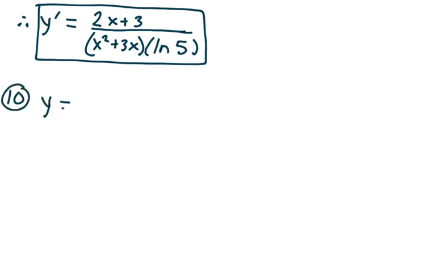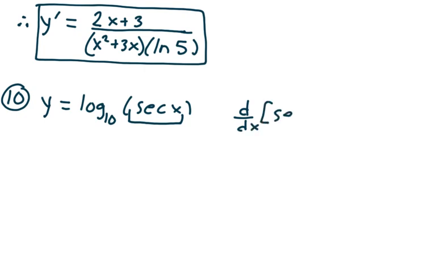Suppose y equals log base 10 of secant x. Okay. Notice how the inside function is secant x. And then don't forget the derivative of secant x with respect to x is equal to secant x tangent x.